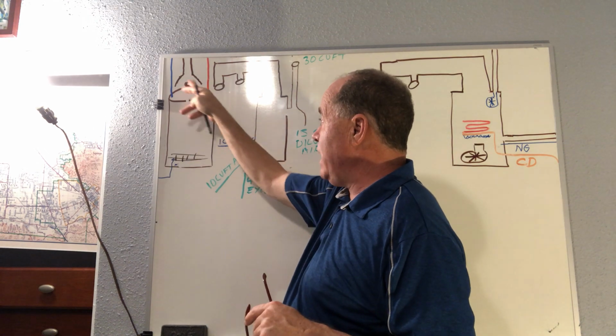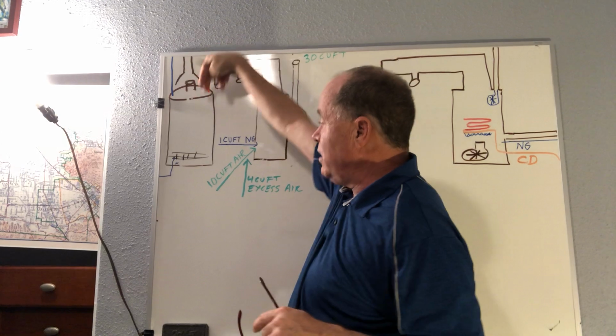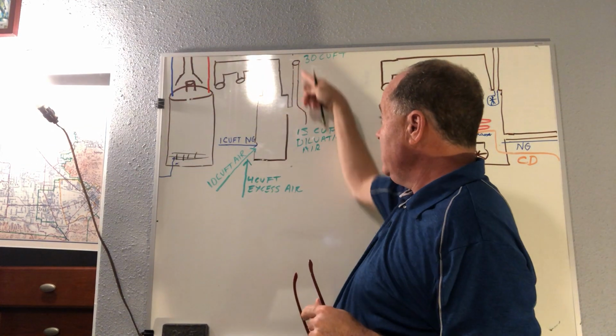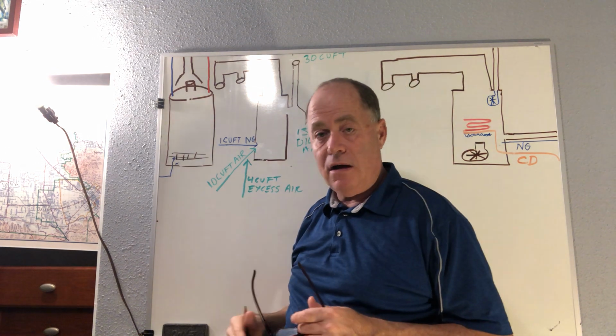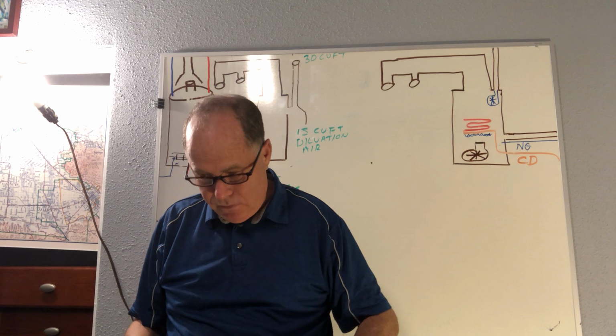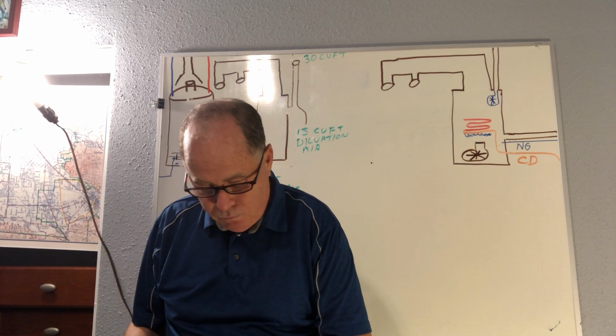But the fact that you have this opening allows the air pressure to diffuse itself and come out here and not blow straight down to the bottom of your hot water heater. The same thing is here. Okay? All right. Let's move on.